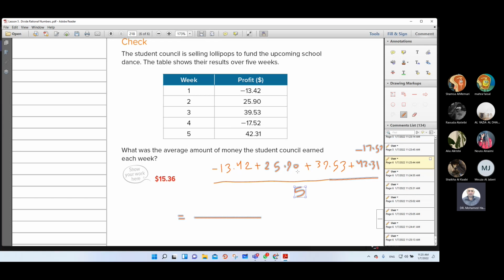The positive numbers, we have 25.90 plus 39.53 plus 42.31, then minus 13.42, then minus 17.52.